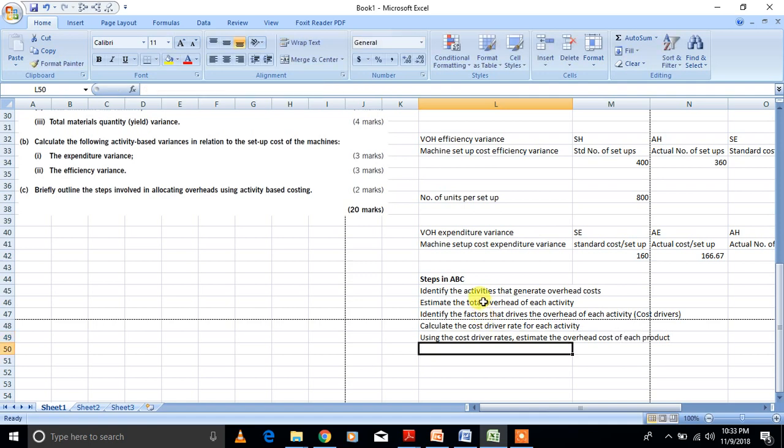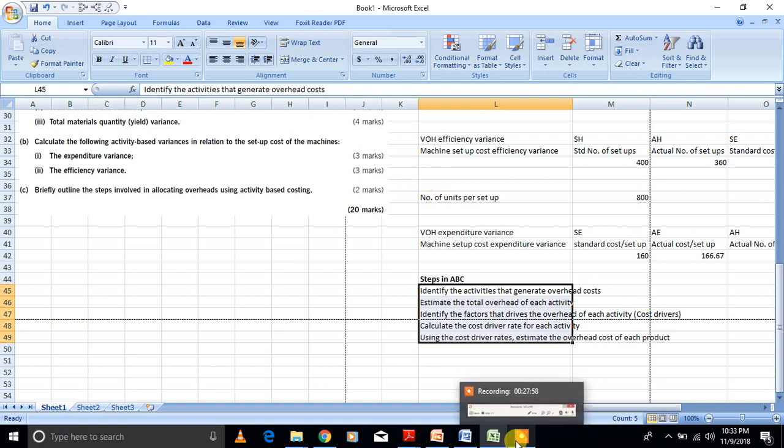These are the steps. Sometimes a couple of steps can be bundled together. These 2 can be bundled. Sometimes these 2 can be bundled: find the cost driver rate, and using the cost driver rate you find the cost for each product. That kind of combination is possible, but all 5 points should come in your answer to get these 2 marks. Alright guys, so this is one good question on ABC.